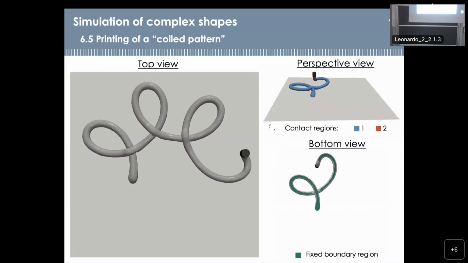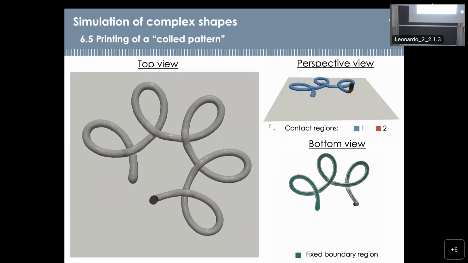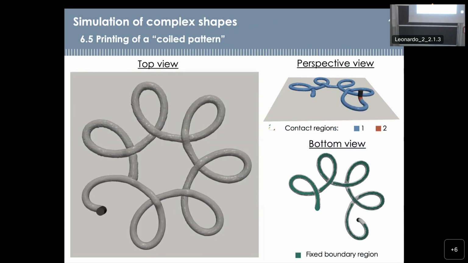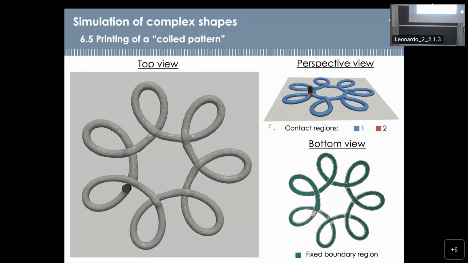You can see that there are two portions, a blue one and a red one over here. And then on the bottom we have the standard contact with the ground, and you see that the green portions are representing the nodes which have become fixed because the z coordinate has gone below a certain tolerance.